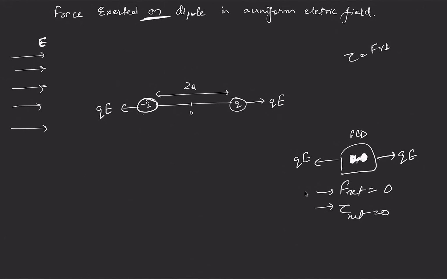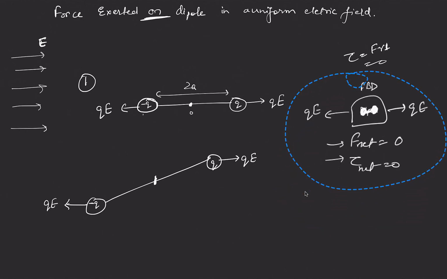So force is QE and the perpendicular distance of QE from origin is 0. That's why torque in this position is 0. But let's say if we shift it slightly like this, and this is origin. So in this position number 1, net force is 0 and net torque is 0, and we call it to be in stable equilibrium.